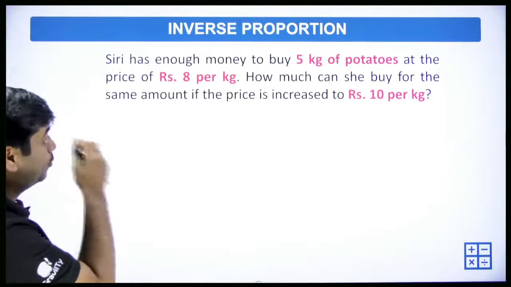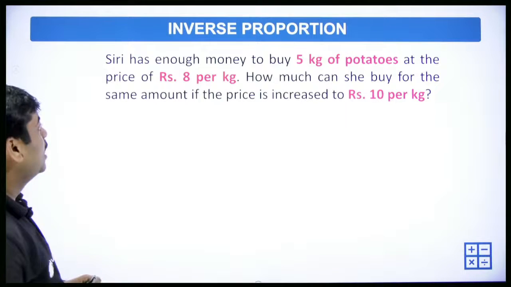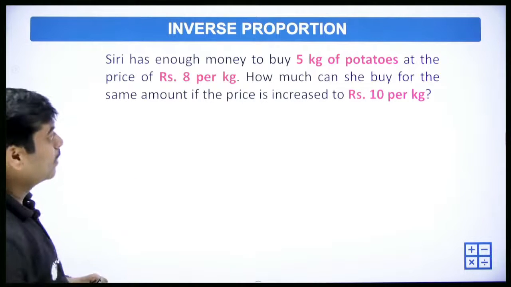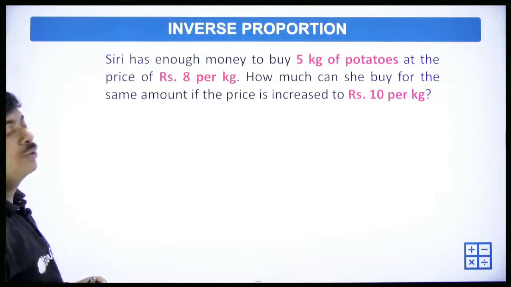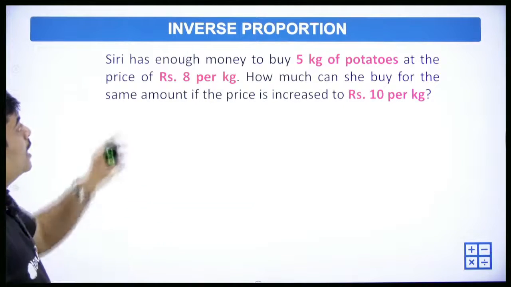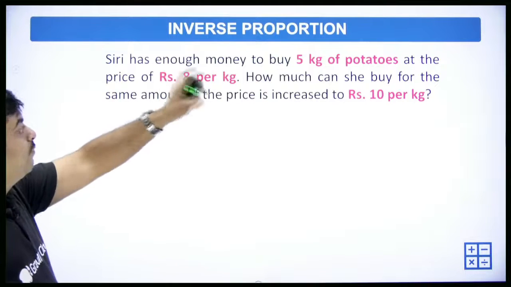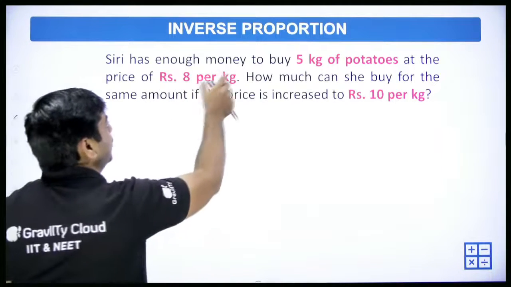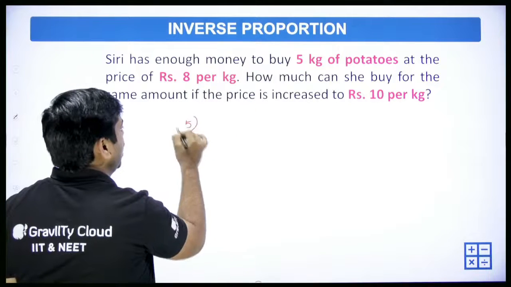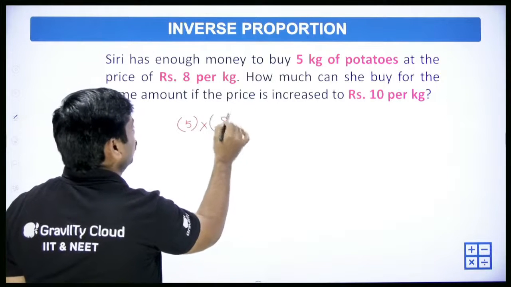Siri has enough money to buy 5 kg of potatoes at the price of 8 per kg. How much can she buy for the same amount if the price is increased to 10 per kg? So 5 kgs of potato and each costs 8 rupees.